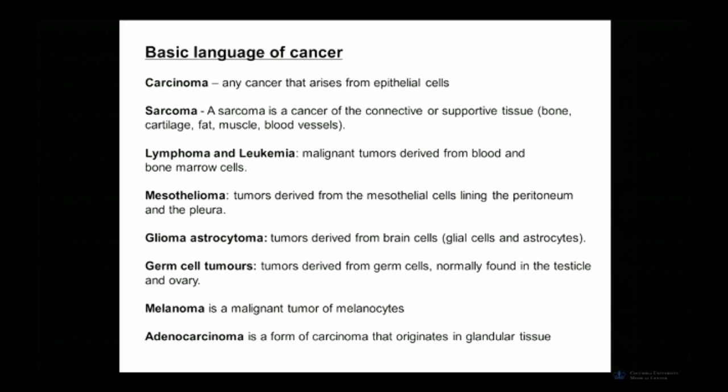Lymphomas and leukemias are malignant tumors that are derived from blood or bone marrow cells. Leukemias come in a few different forms. The two major types, lymphogenous and myelogenous, refer to the different cell lines, the myeloid versus lymphoid cell lines.